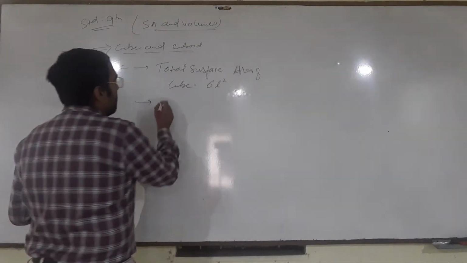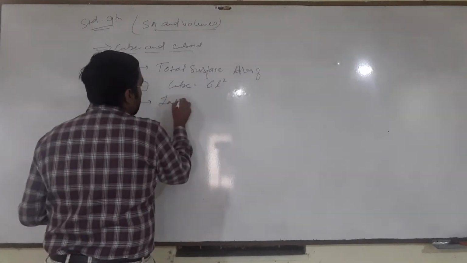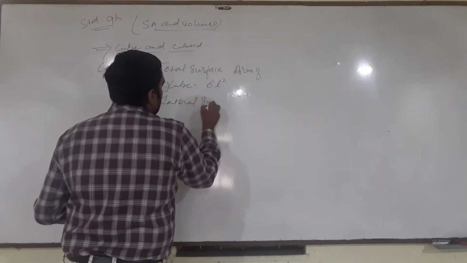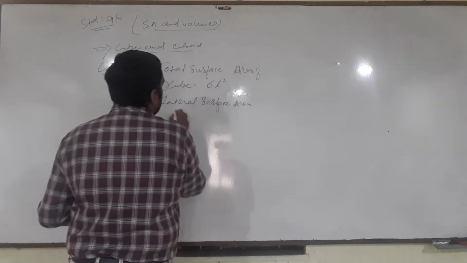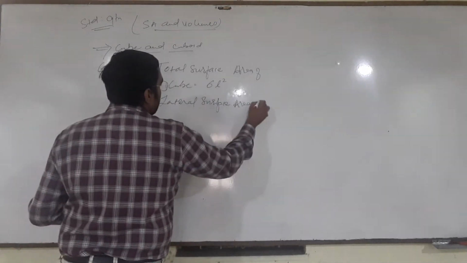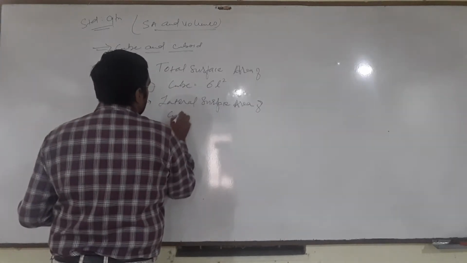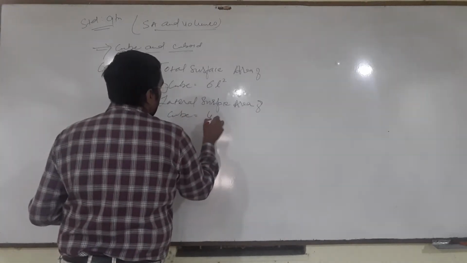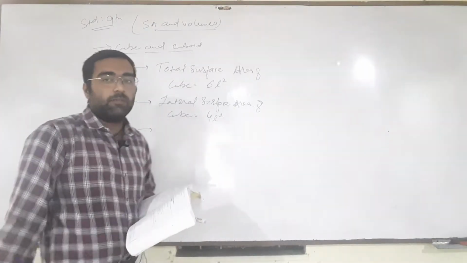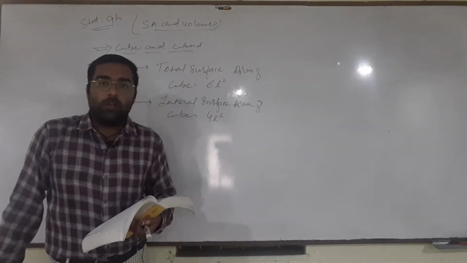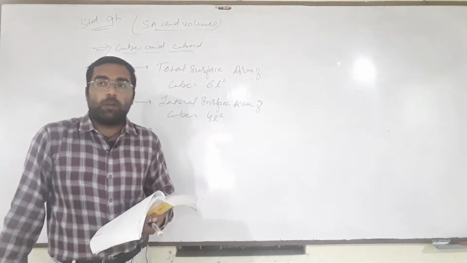So the lateral surface area of cube is 4L square. There are 4 sides or 4 faces we have to take, therefore that area is 4L square.